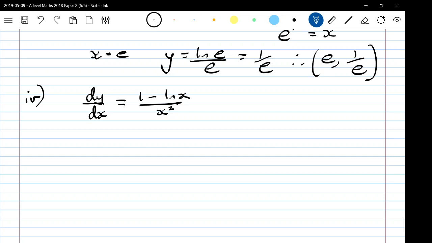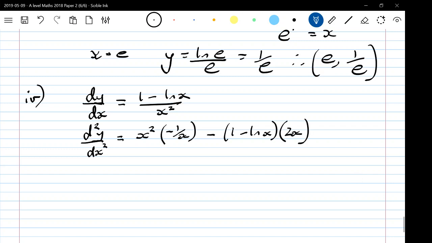So for the second derivative, we've got another quotient rule to deal with. That is v times du by dx. If we differentiate 1 minus ln x, we get minus 1 over x, minus u times dv by dx, which is 2x, all divided by v squared.